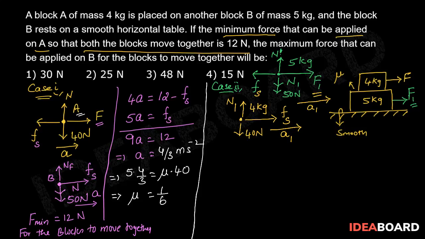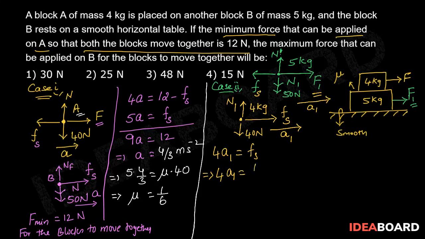But the acceleration which is produced in the 4 kg block is by the static friction force. So we can write 4a1 = Fs. This implies 4a1 = mu times the normal reaction force between 4 kg and 5 kg.